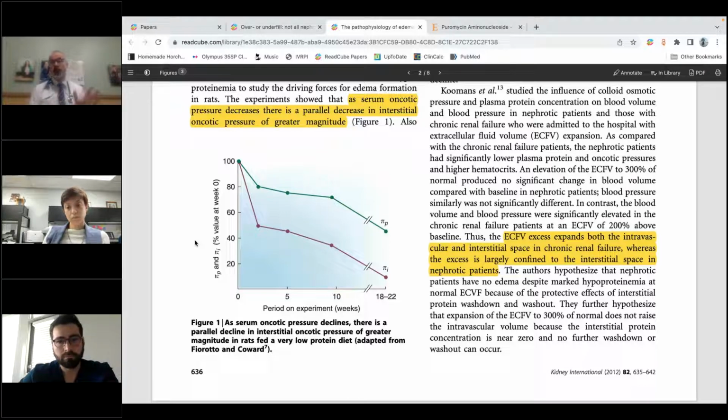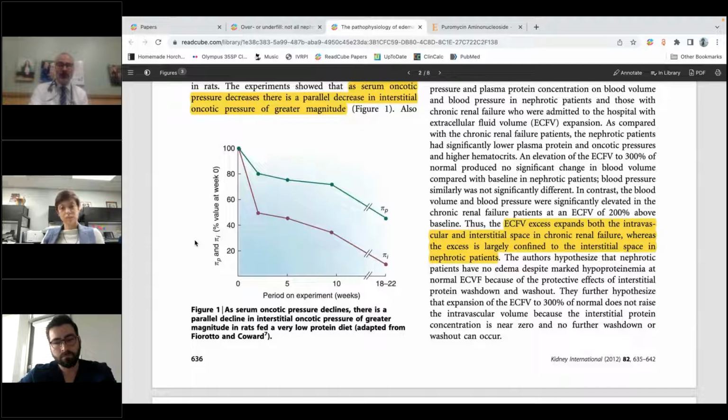And Rose covers this a little bit in his book really nicely, but it's because in the lungs, you have really large transcellular spaces between your pulmonary capillaries and your pulmonary interstitium. And any change in the oncotic pressure there very, very rapidly produces the same change in the interstitial oncotic pressure, so that gradient is maintained. And that's why we don't have that edema that forms in the lungs when your albumin is low. But this evidence would suggest, well, this might happen in many other tissues, just like what's proposed in the lungs as one of the safety factors.